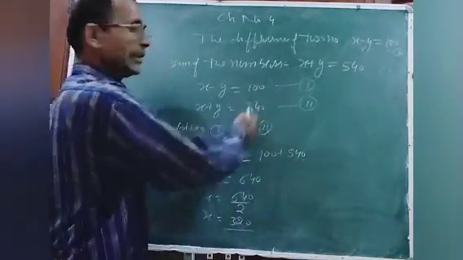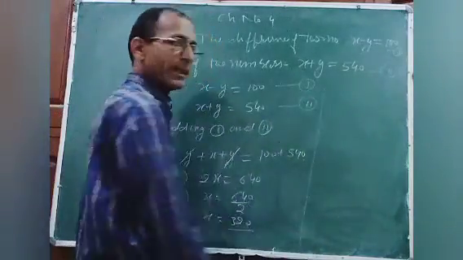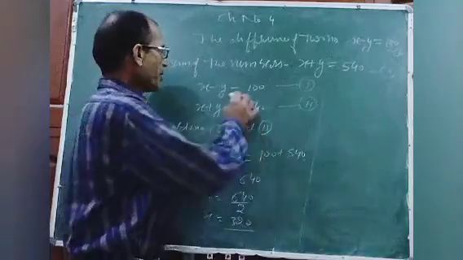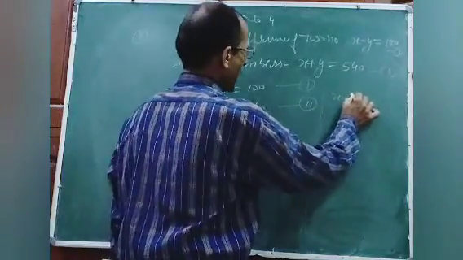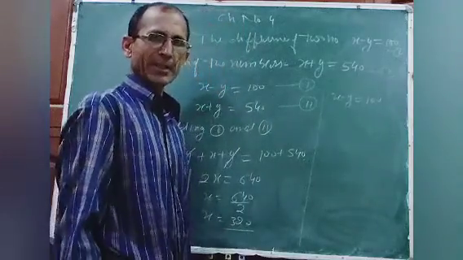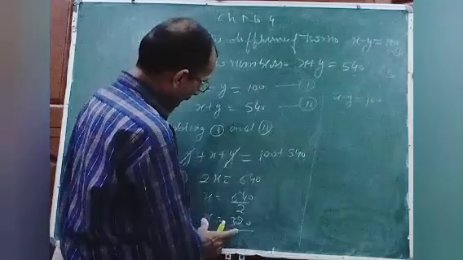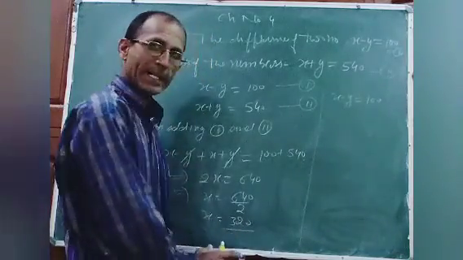Now we need a value of y also. So how do we find the value of y? Now see this side. Because you know x minus y is equal to 100. This is given. Yes or no? And we got the value of x, 320.